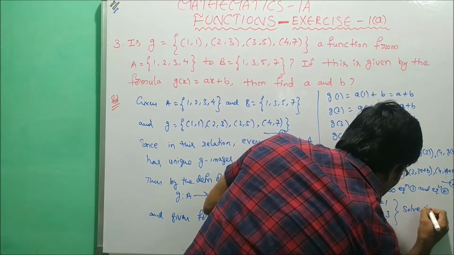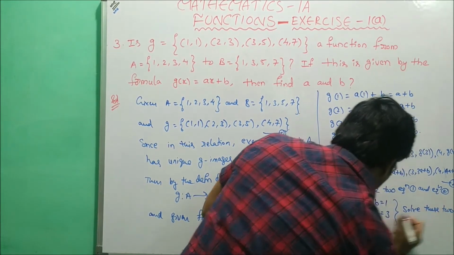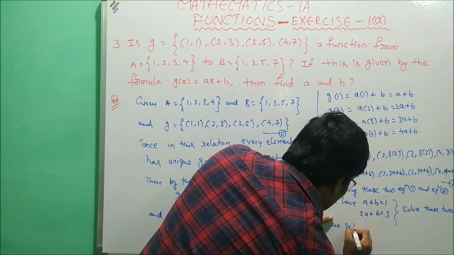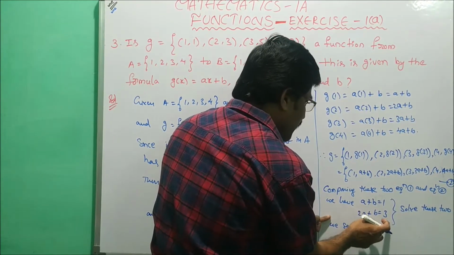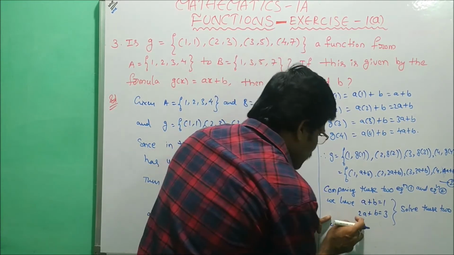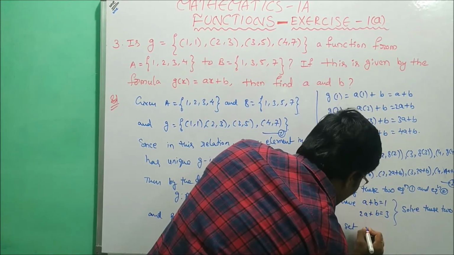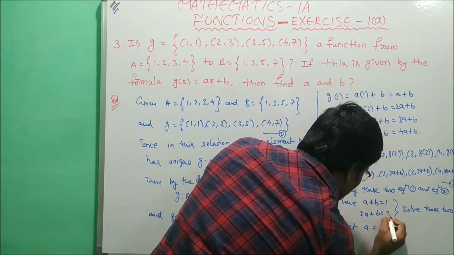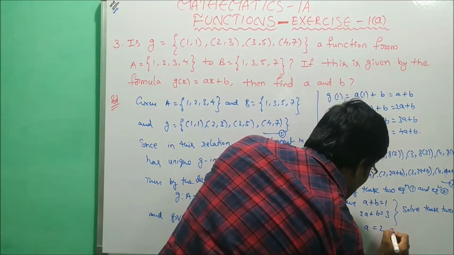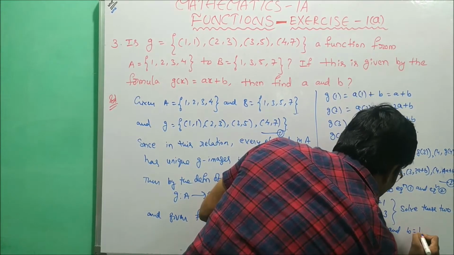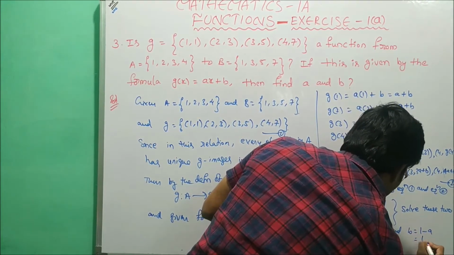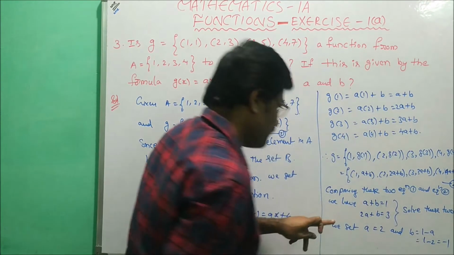Solve these two. We subtract: 2a + b = 3 and 2a + b = 1. Here 2a minus a is a, b cancels, 3 minus 1 equals 2, and b equals 1 minus a, that means 1 minus 2, that is minus 1.